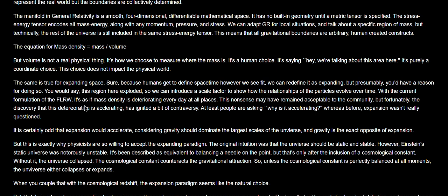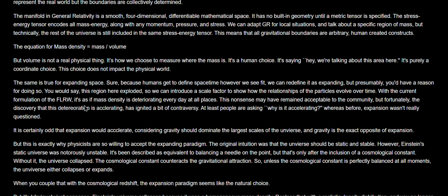It gets lower. This nonsense may have remained acceptable to the community. My point here is that if they had never discovered dark energy, quote unquote, if they had never found out that it was accelerating, then everybody could have just been like, oh, okay, this is acceptable.